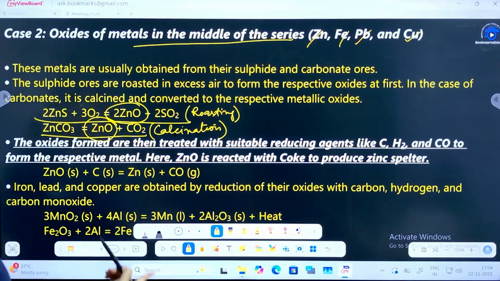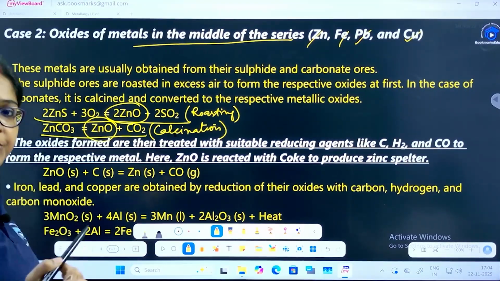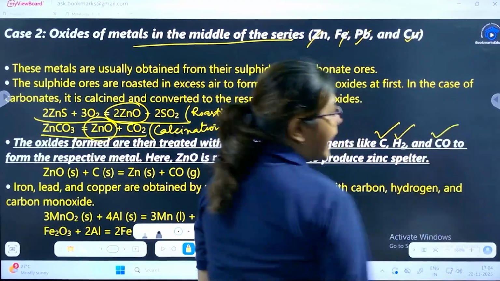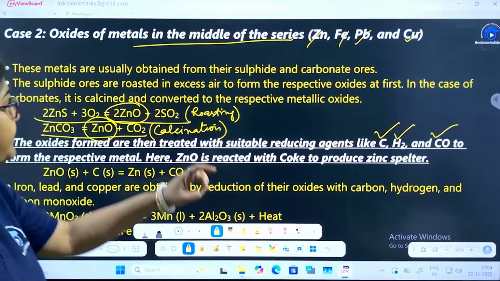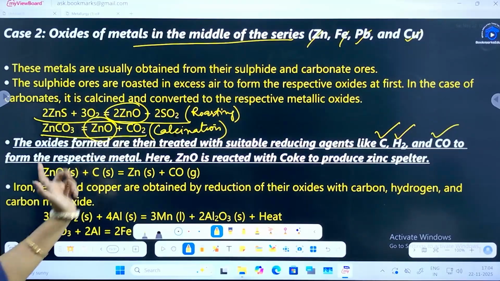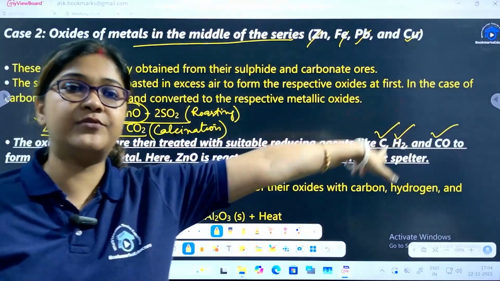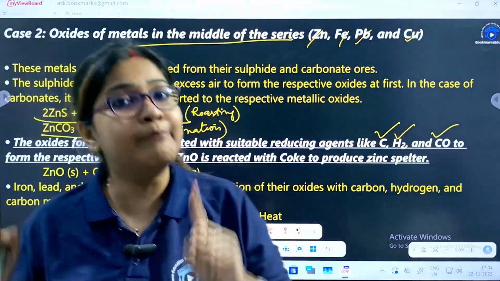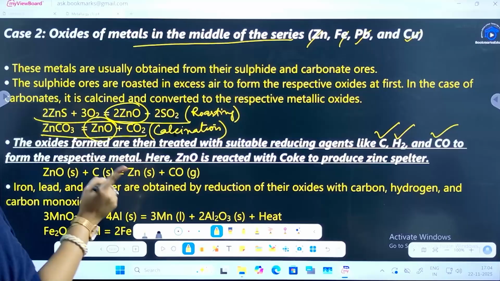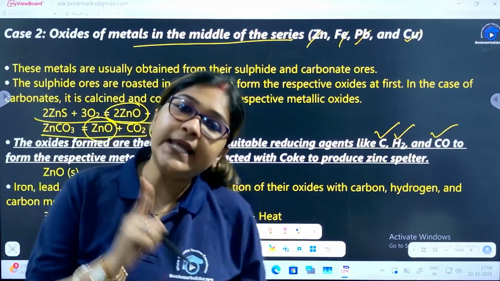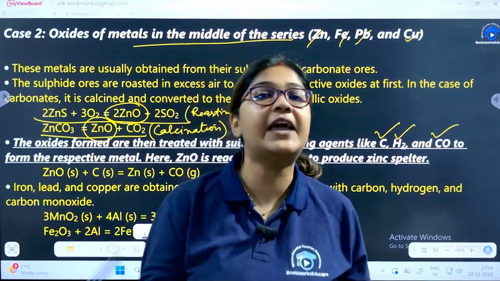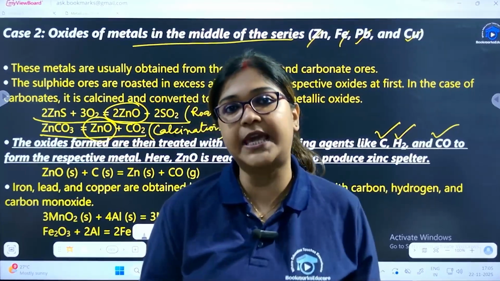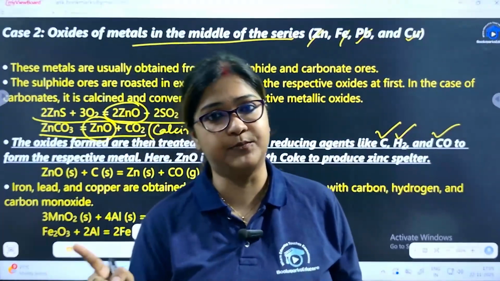Once the oxide ores are formed, they are treated with suitable reducing agents like carbon, hydrogen and carbon monoxide, depending on the metal. These reducing agents will then react with the respective oxides to give me the respective metal. For zinc oxide, it reacts only with carbon because zinc has high affinity towards oxygen, and carbon is a more powerful reducing agent than hydrogen and carbon monoxide here.